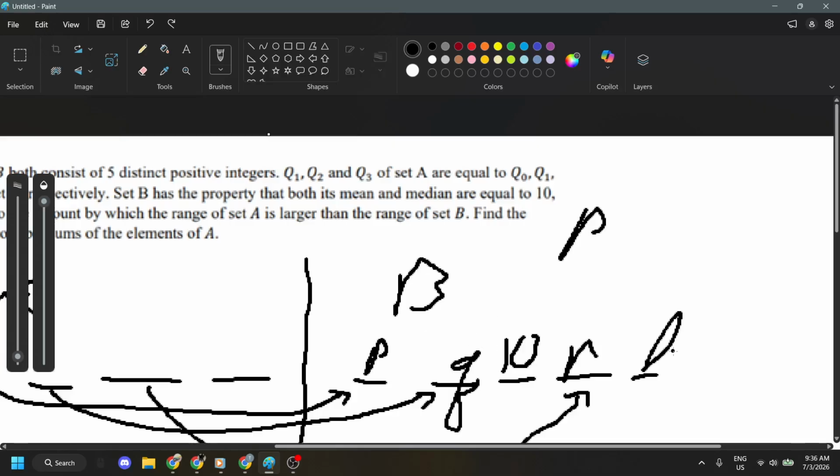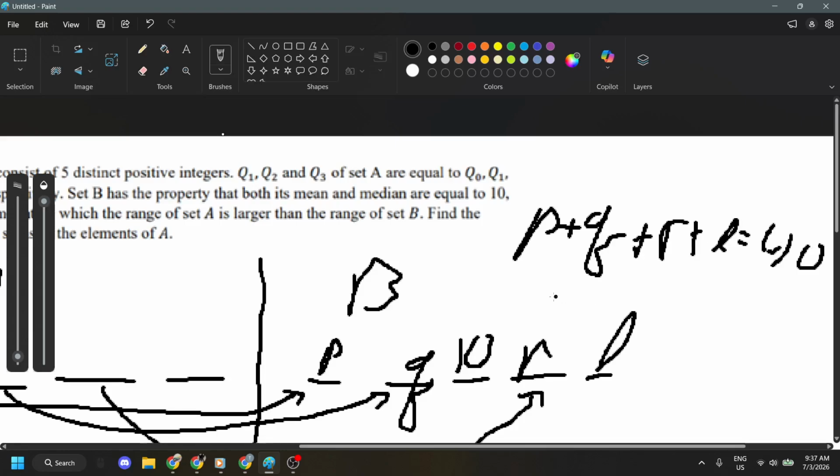So the sum is equal to 50, so the sum of these is equal to 40. P plus Q plus R plus L is equal to 40.